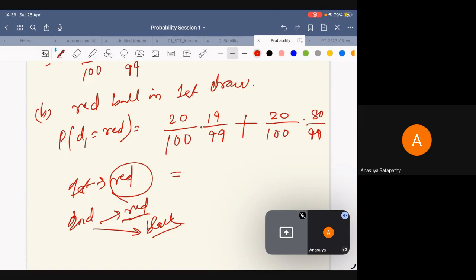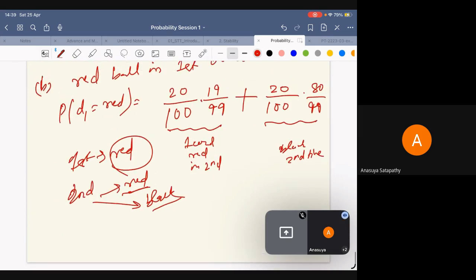Understood the point? Now you just calculate this and it will be done. So this is the first condition, this is the condition for a red ball the second time, and this is a black ball the second time. You have to always consider the conditions. Okay, this is all about conditional probability.